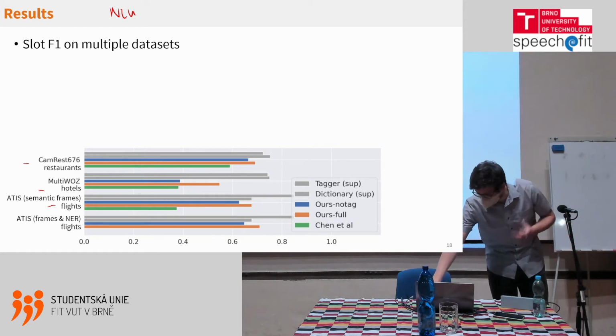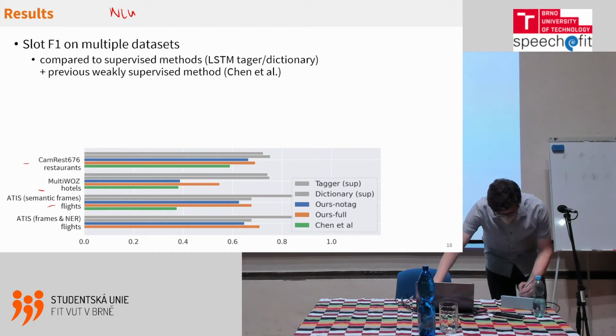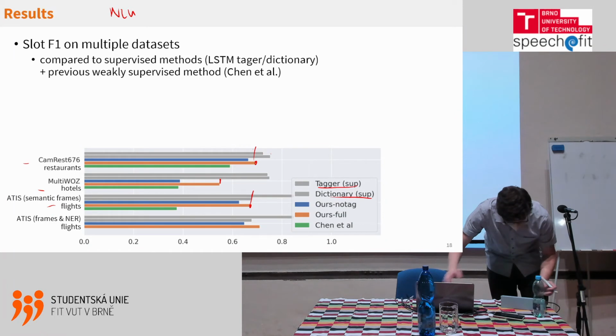We even have more in the paper. And if you compare to stuff where you actually train a supervised model, you can see that our model comes relatively close. In this case, it is even similar to a supervised dictionary-based method.